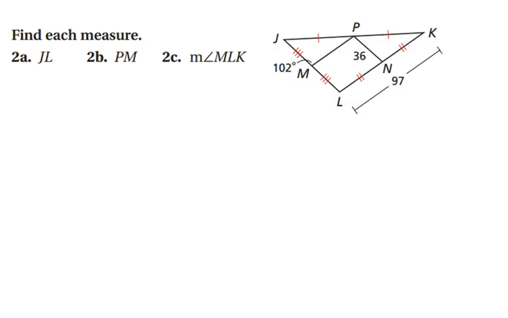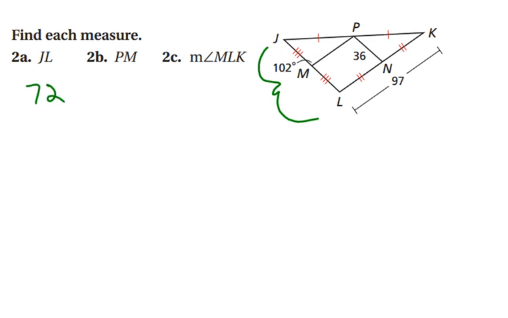So we look at this breakdown, we have some midsegments drawn, and we can find each of these measures. So for the measure of JL, remember JL, when there's no markings over it, means the length of. So we're trying to find this length right here. And we knew that PN is 36, so JL has to be twice that, or 72.